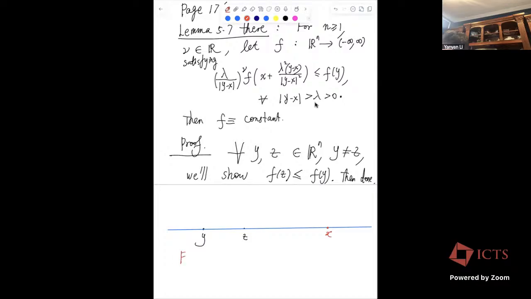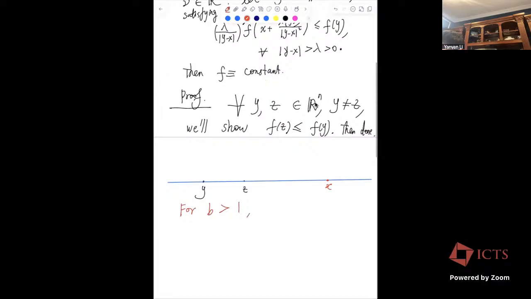For b bigger than 1, we let x equal to y plus b times (z minus y). So it is here. You see, it is on this side. It's quite clear.